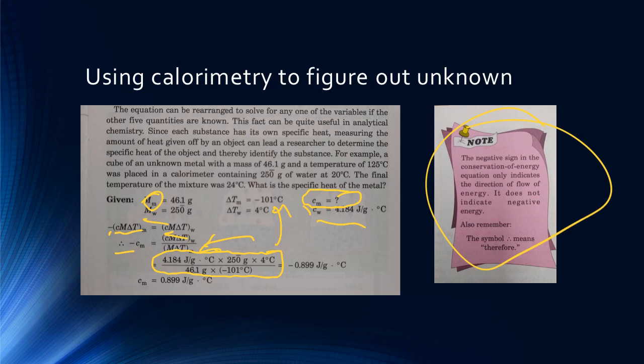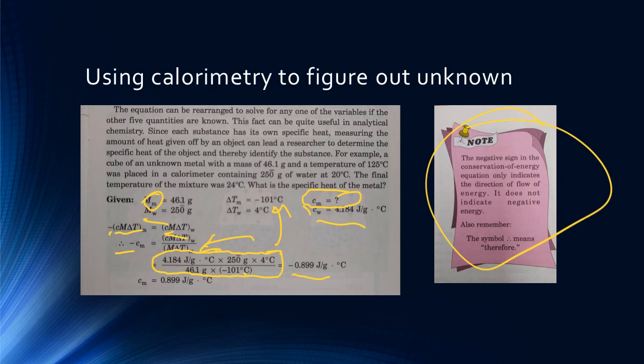Use your calculator, multiply these 3 numbers together, multiply the bottom 2 numbers together, and then divide the top by the bottom, and we get negative 0.899. Now that is the negative C value, which is the specific heat of the metal. So if we just drop that negative sign, we have 0.899.